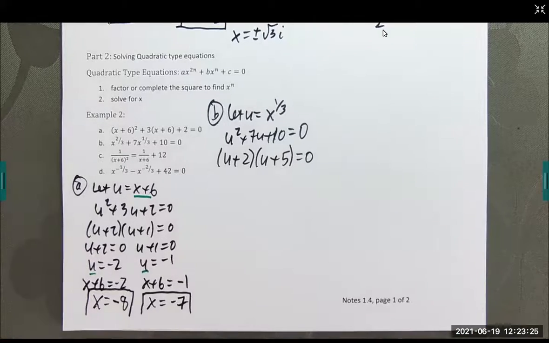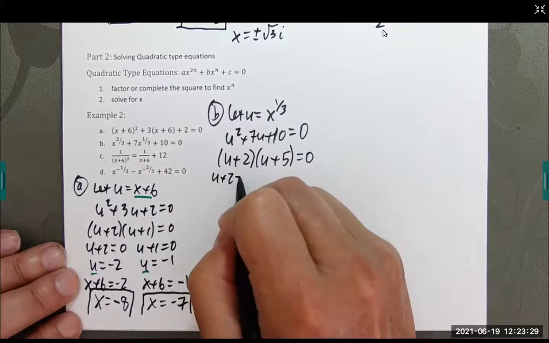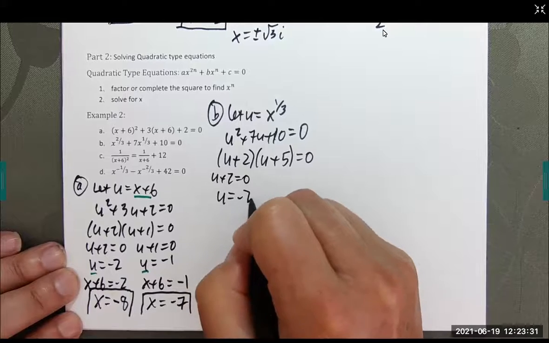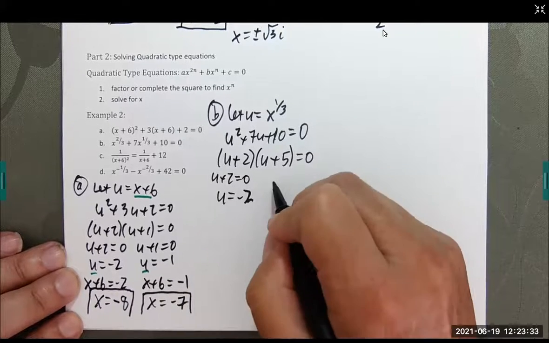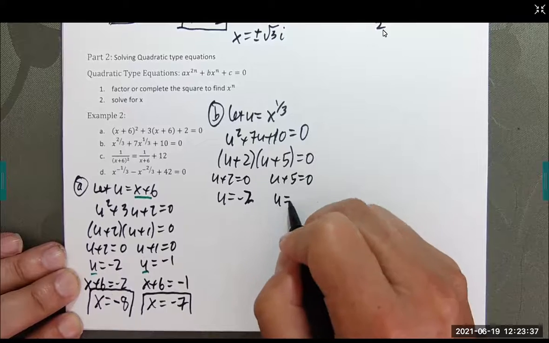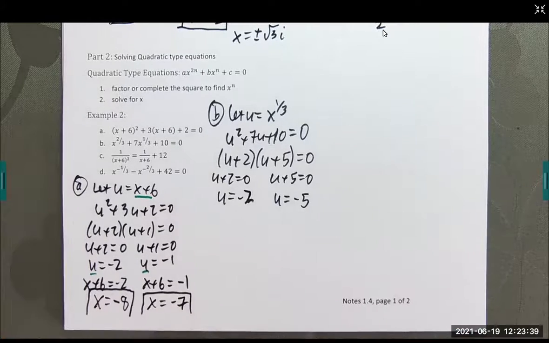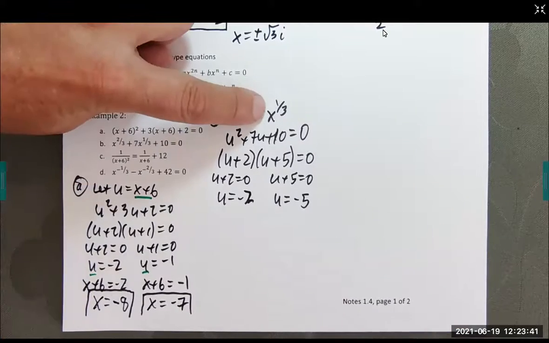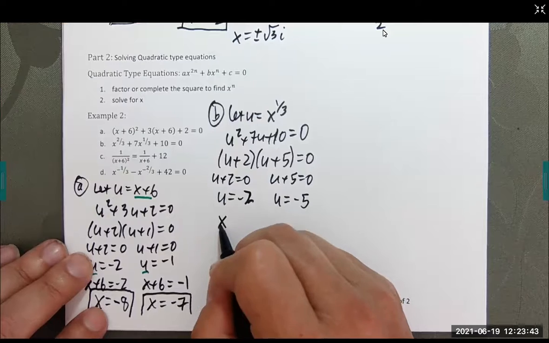We can factor this one. U plus 2 equals 0, which means u equals negative 2. U plus 5 equals 0. U equals negative 5. And once again, u is x to the 1/3, pardon me.